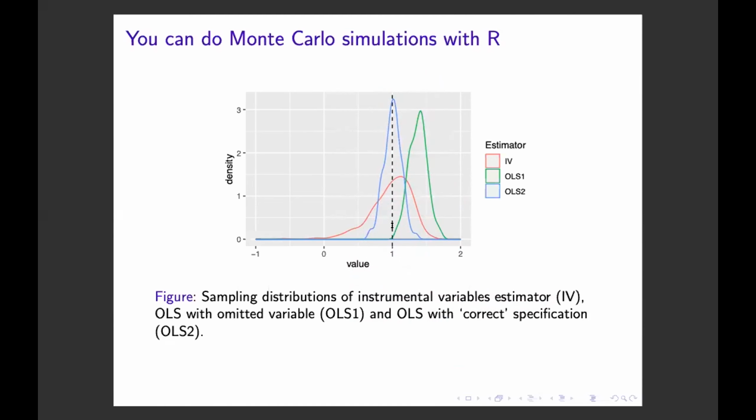If you've got an instrumental variable, that's the red line. So you've got an instrument for x2, and you use that instrument, and then you get this sampling distribution. As you can see, the variance of this sampling distribution is more than the variance of the OLS one. So sometimes IV might be worse than straight OLS. We say IV is consistent, and that of course depends on the non-testable exclusion assumption.